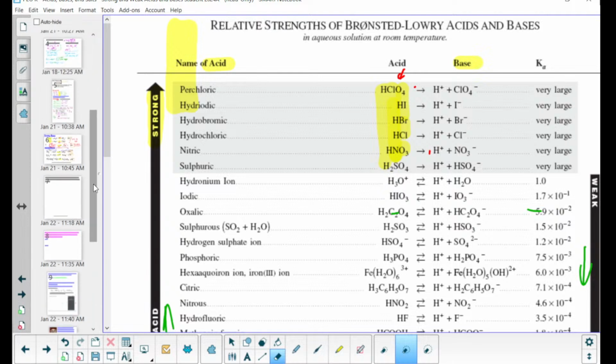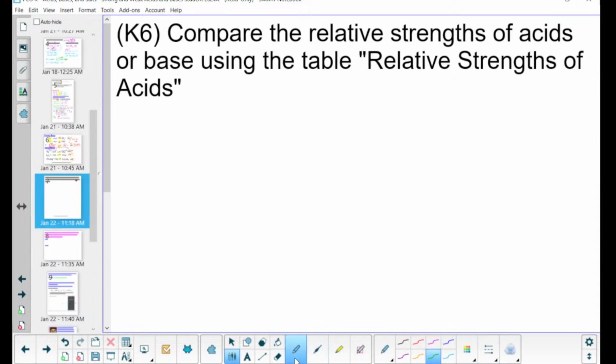Okay. So, to summarize, let's see if my writing's neater or messier on this.